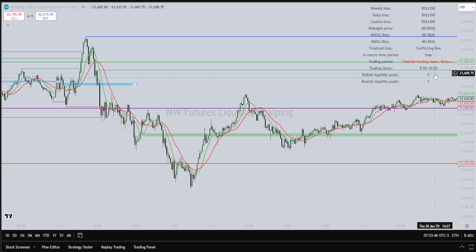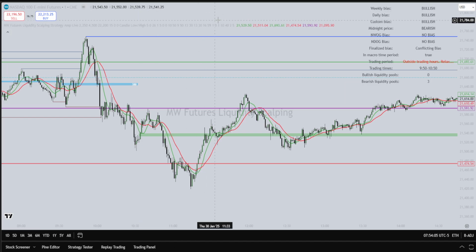And what you see here is that with just this particular change, we just trade the silver bullet AM session of ICT. Interesting, right? So that is how you would go about tweaking your model and filtering out the bad trades versus the good trades.